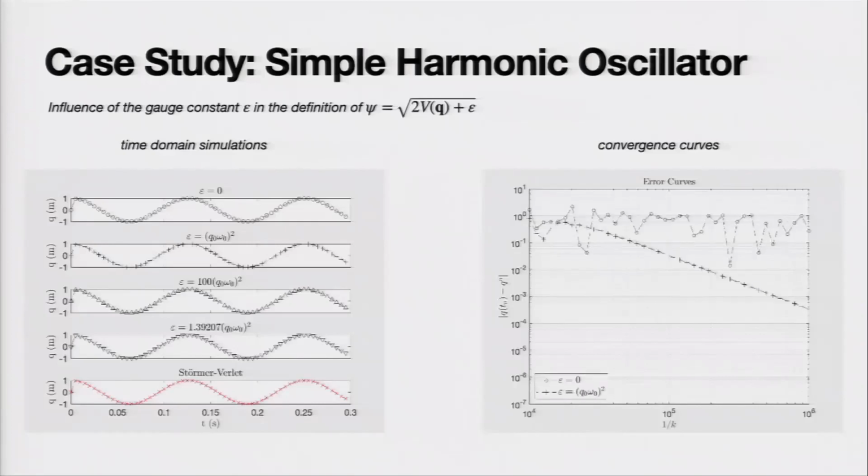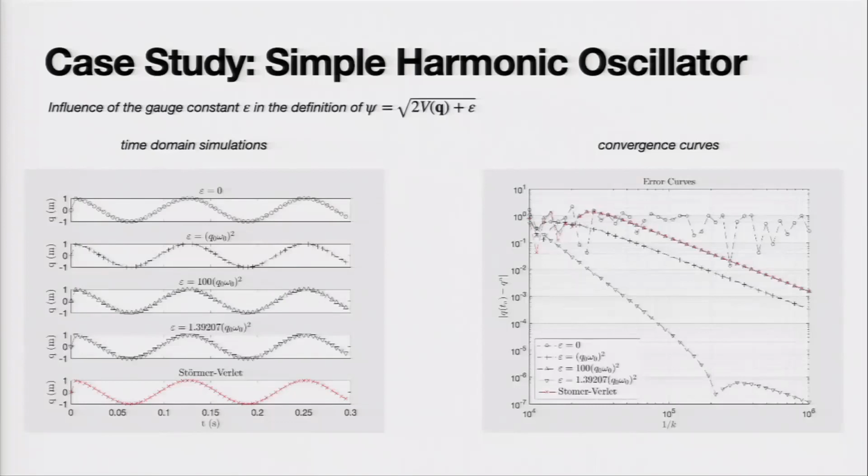And I don't know how well you can see because the resolution is not ideal, but there is a lot of stuff happening. First of all, when the gauge constant is 0, you see that the error curve is sort of not converging. On the x-axis I have the sample rate, and on the y-axis I have the error.